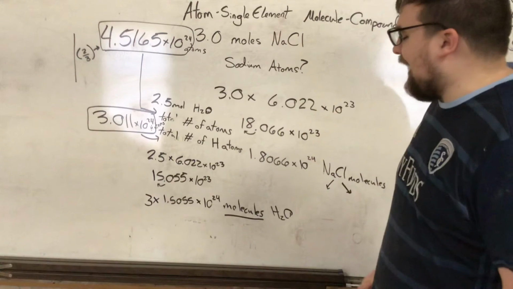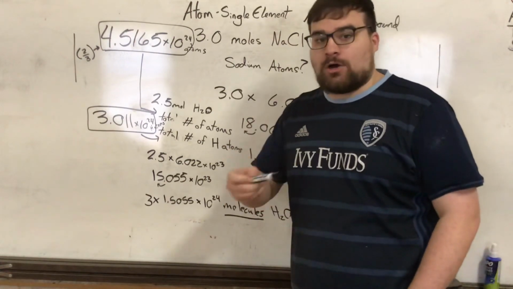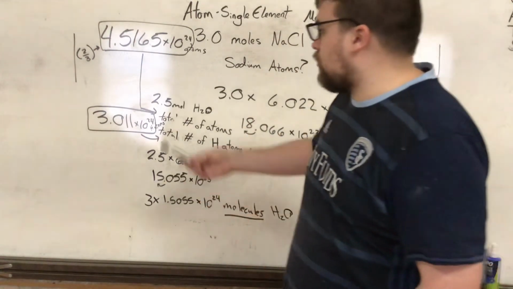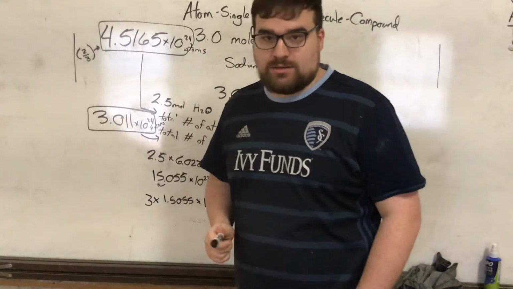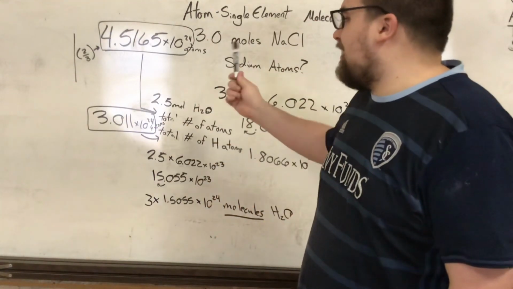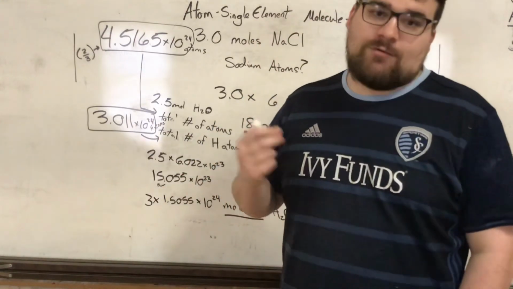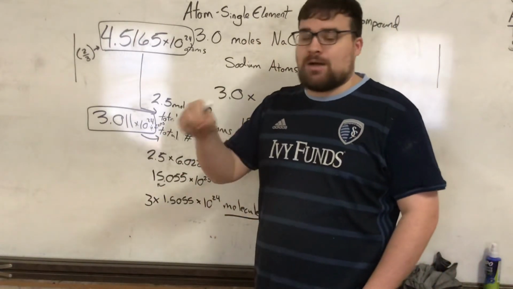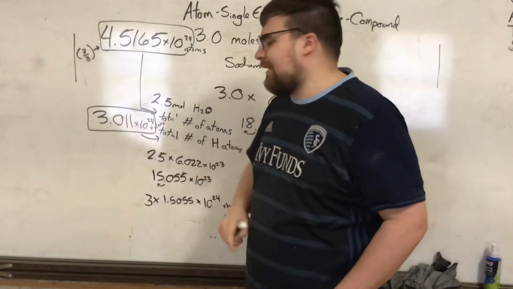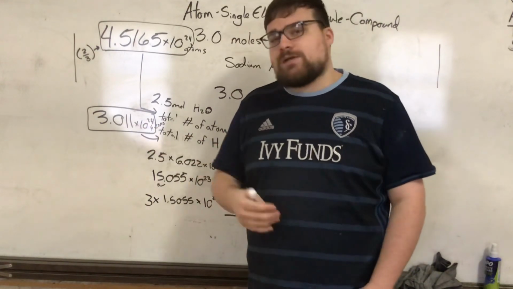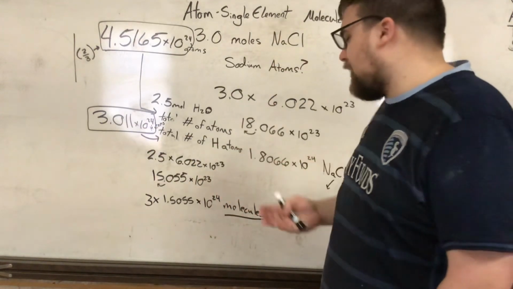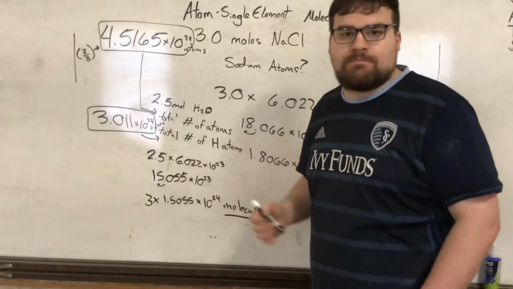We multiplied that number by how many atoms are in each molecule to determine how many total atoms existed. And then we took that and multiplied by the proportion of hydrogen atoms in that molecule to figure out exactly how many hydrogen atoms there were. We could have done the same thing with oxygen, but oxygen would have been 1/3, right?